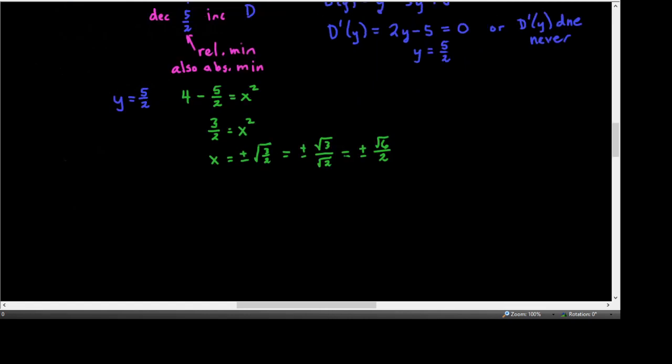All right, so our question was, what are the points on that graph that are closest to the point 0, 2?